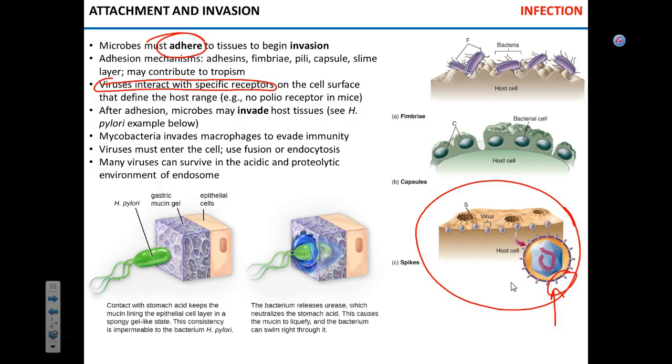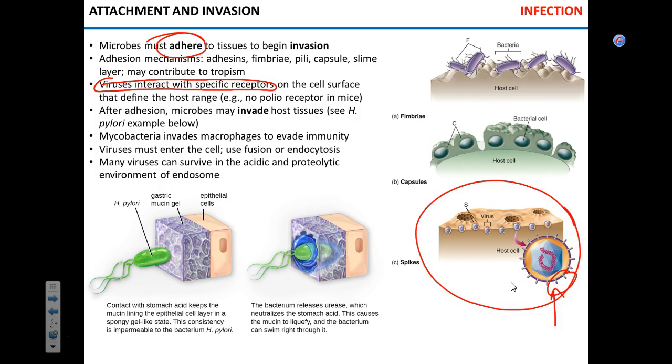These glycoproteins interact with specific receptors on the surface of the cell. Once they interact, the virus attaches to the cell surface, and then the cell can take the virus in, internalize it. Does that make sense? That idea of receptor interaction.